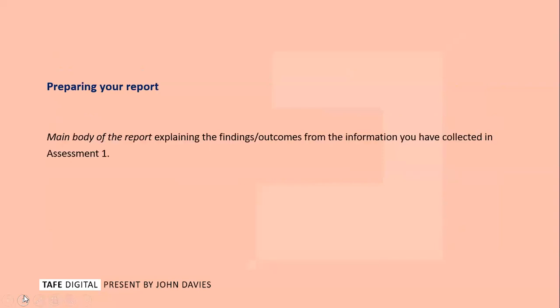Preparing your report. Here we're talking about the main body. The main body of the report should be taken from the findings and outcomes from assessment 1. This is where all the hard work from assessment 1 pays off.